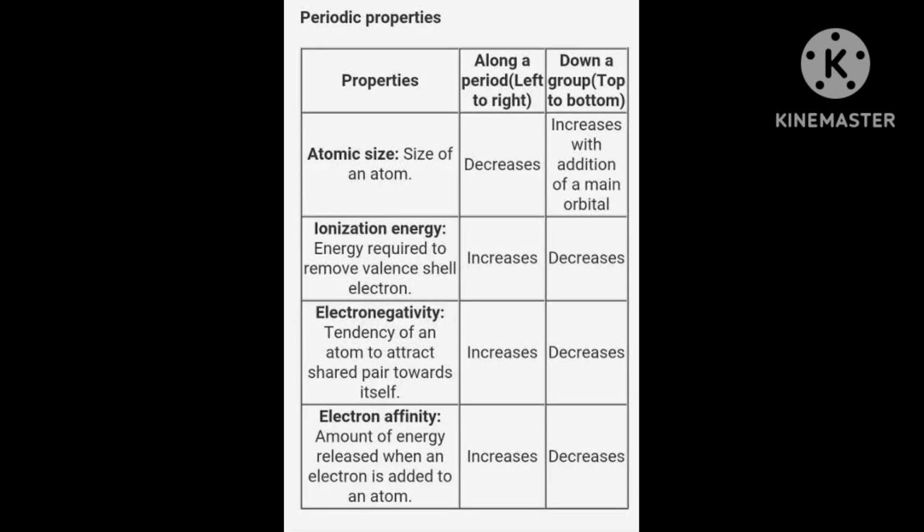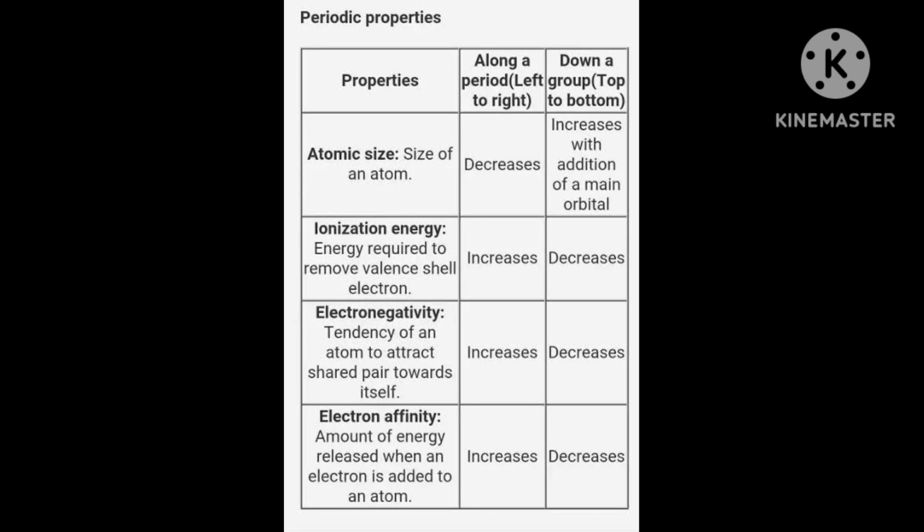Okay. Now I am telling some important atomic and physical properties of group 13 elements, the boron family. Atomic number: boron is the first member, second is aluminum, third is gallium.